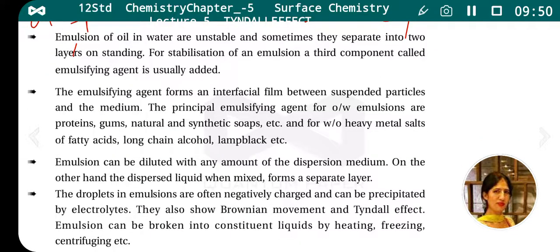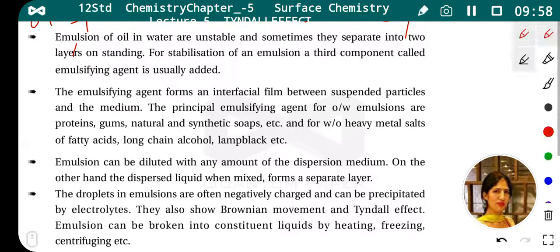See, students, now emulsions can be diluted with any amount of dispersion medium. On the other hand, when the dispersed liquid is mixed in, it forms a separate layer. Is it clear?